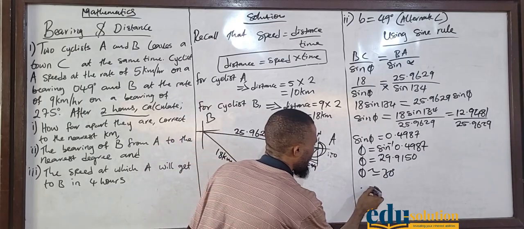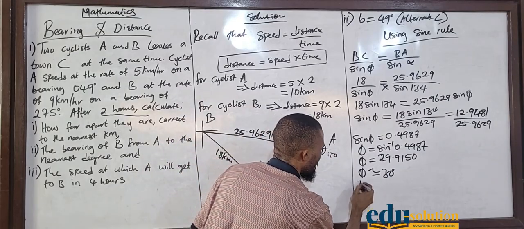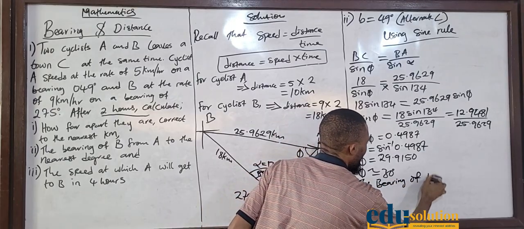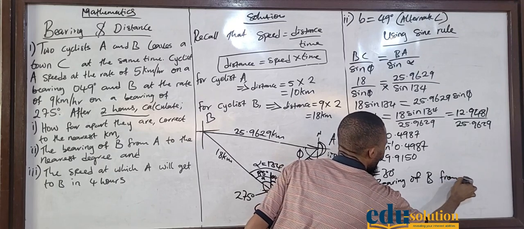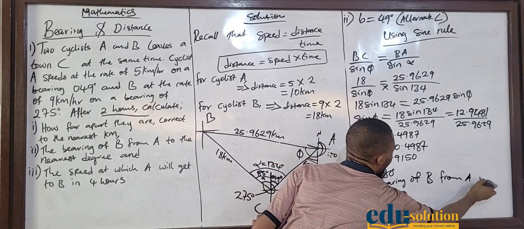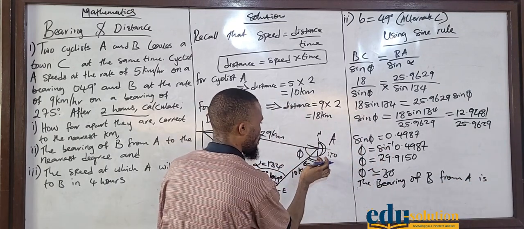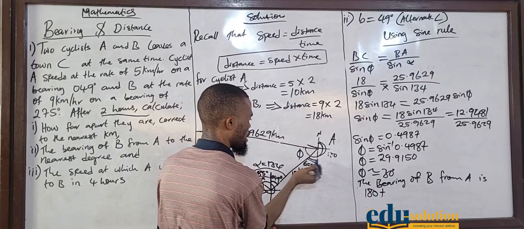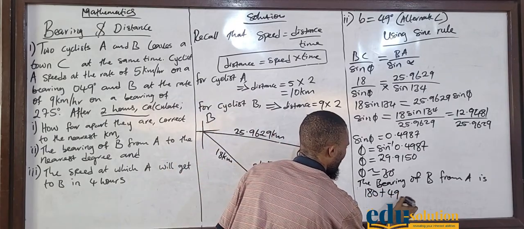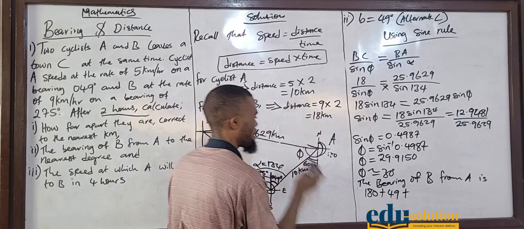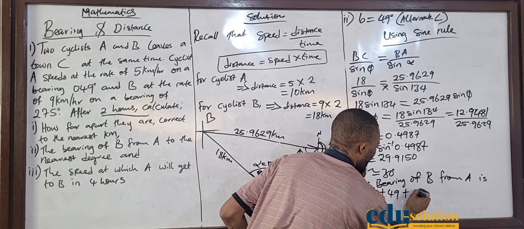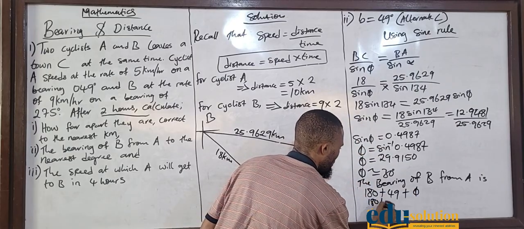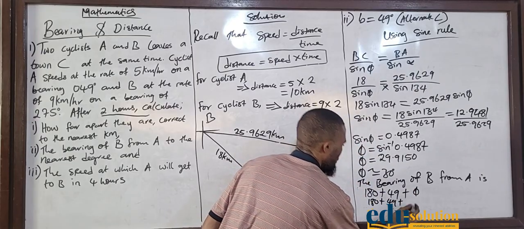Therefore, the bearing of B from A is 180 plus 49 plus our phi.